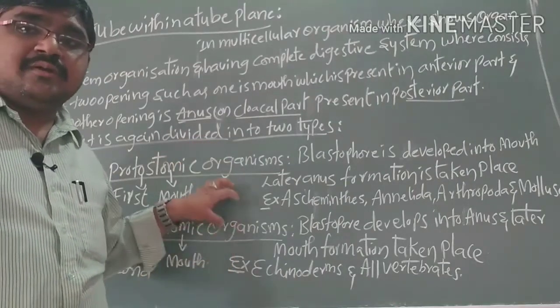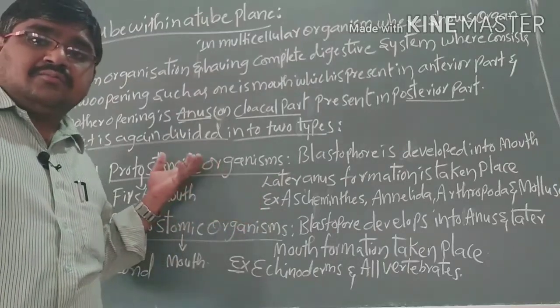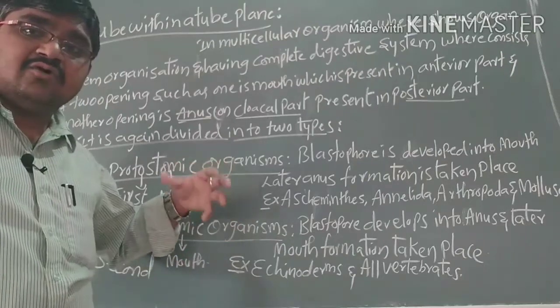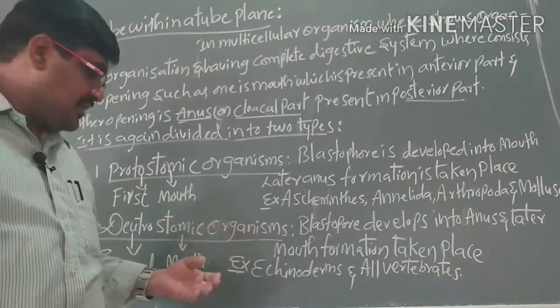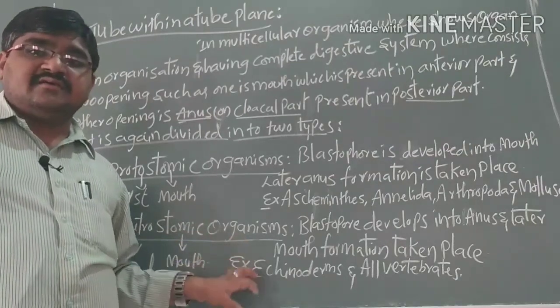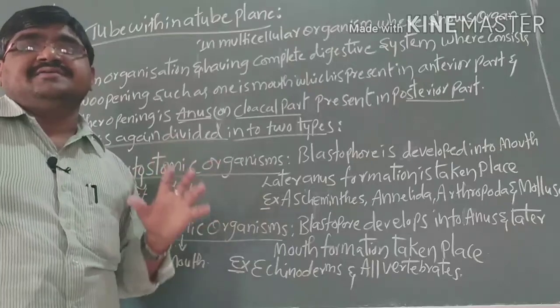If the blastopore develops into a mouth, they are called protostomic organisms. If the blastopore develops into the anus and the mouth forms later, we call them deuterostomes. All vertebrates and echinoderms are examples of deuterostomic organisms.